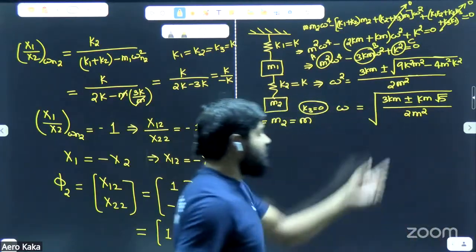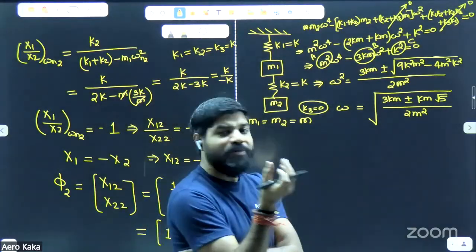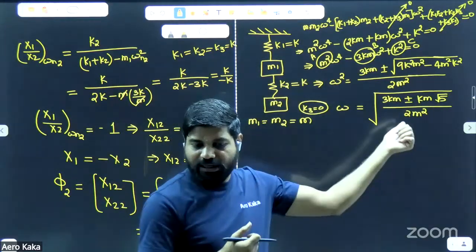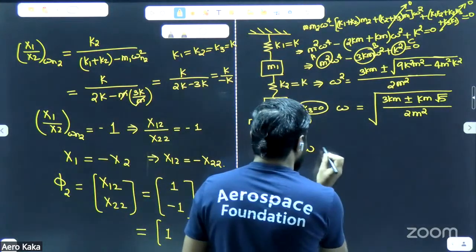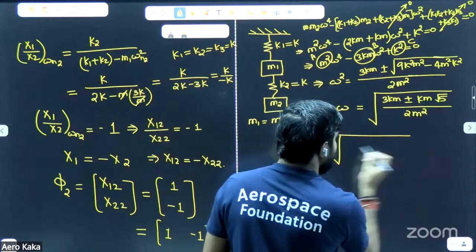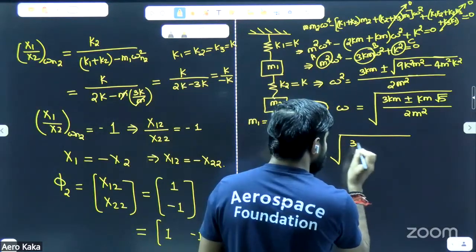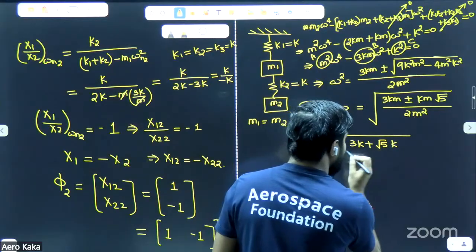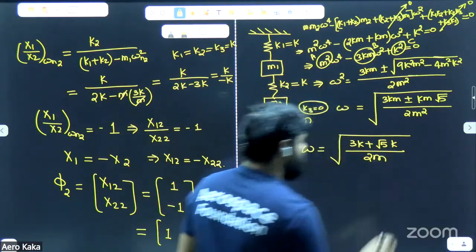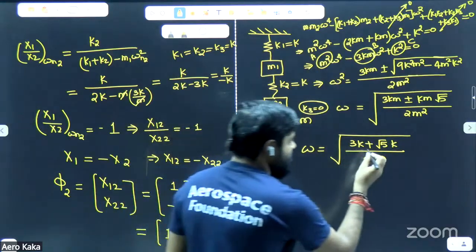As you can see, in the numerator M is common, so we can cancel out M in the denominator, meaning M square. So this omega is going to be 3K plus root 5K divided by 2M. Now, obviously, the minus sign will be there.